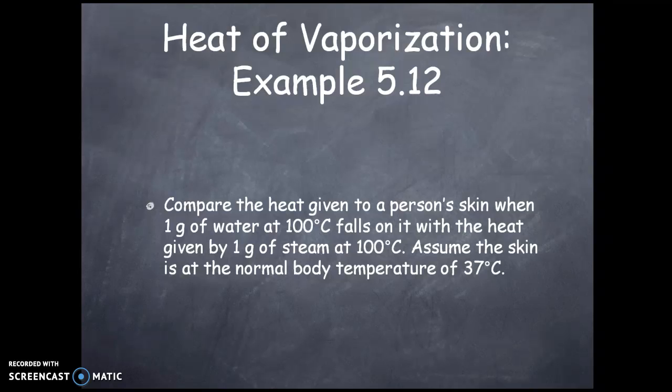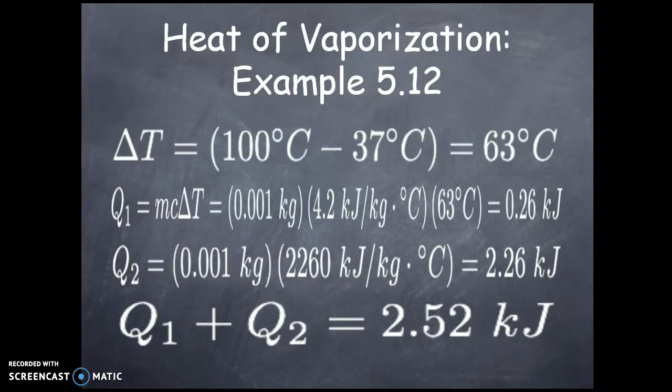So they want to find out the heat given to a person. We know that heat Q is equal to mc delta T. They want to compare the 100 degrees Celsius steam to the 37 degrees Celsius skin. So the temperature difference is 100 minus 37, which is 63.